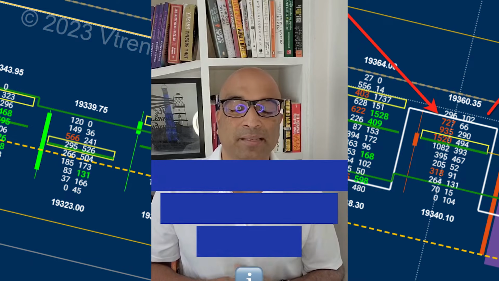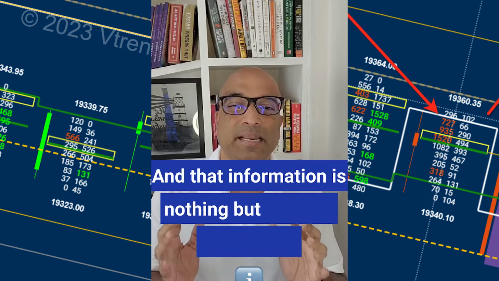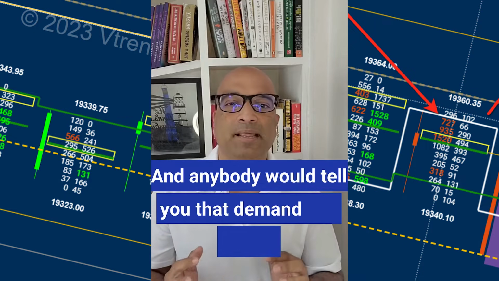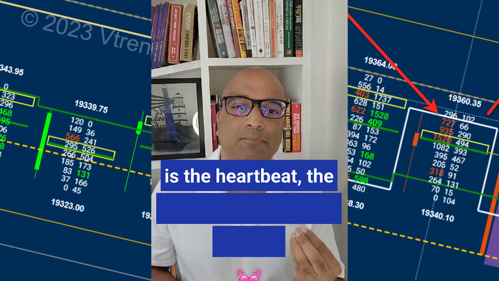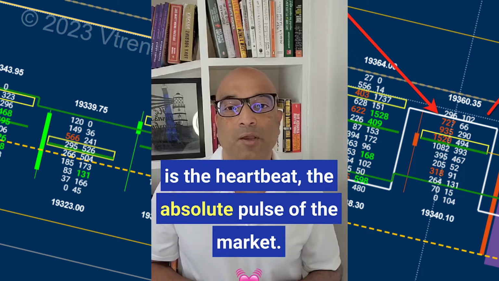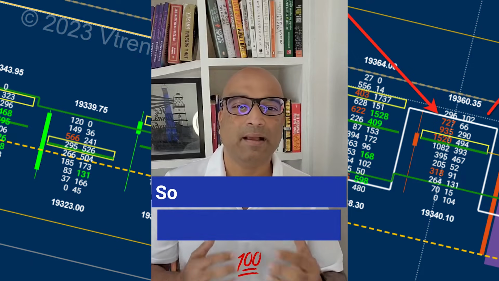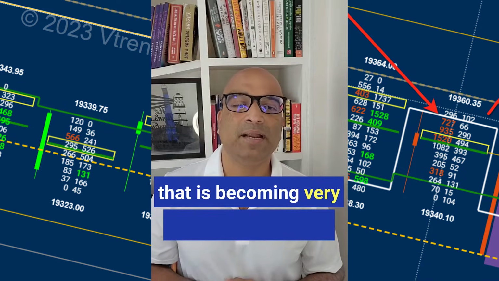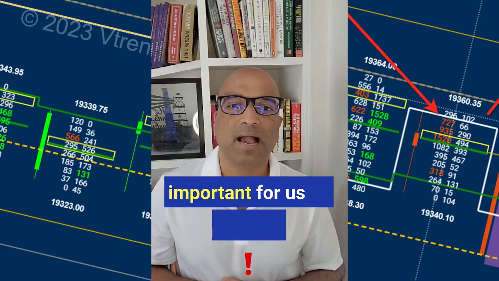And that information is nothing but demand and supply. Anybody would tell you that demand and supply is the heartbeat, the absolute pulse of the market. So understanding that and making sense of that becomes very important for us as traders.